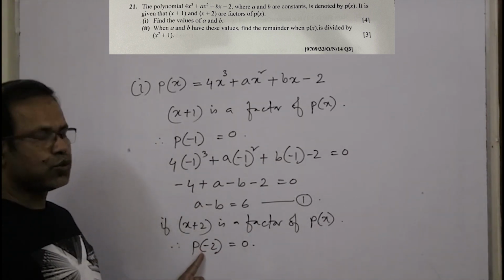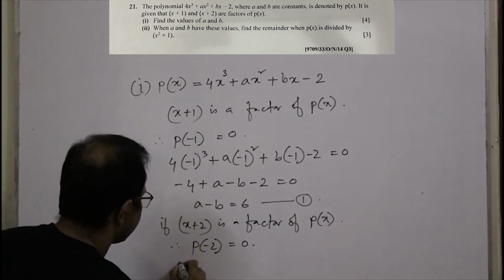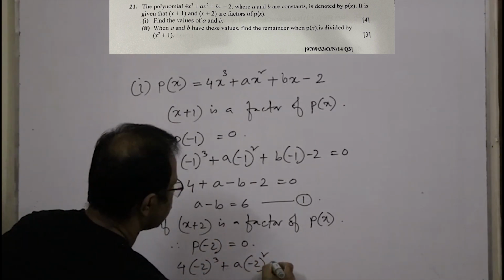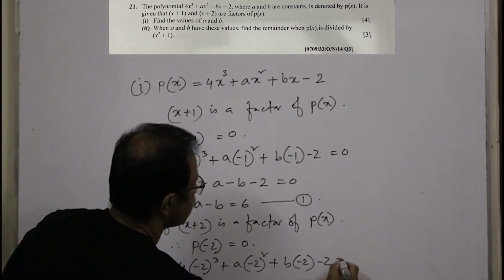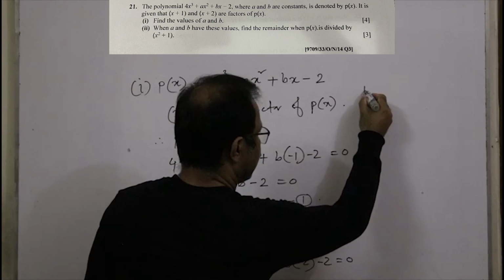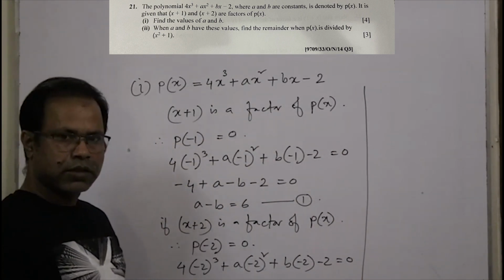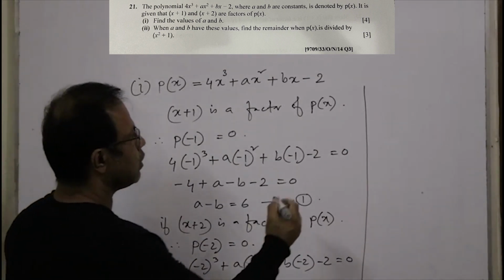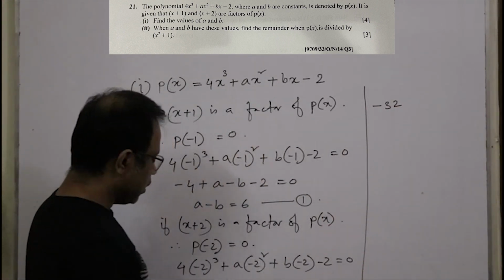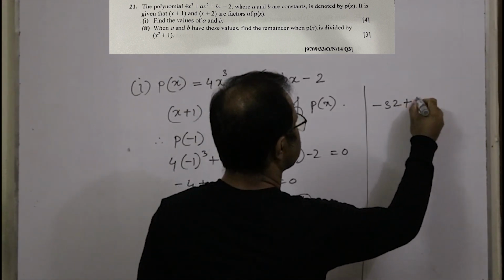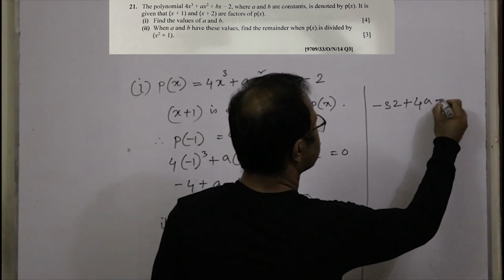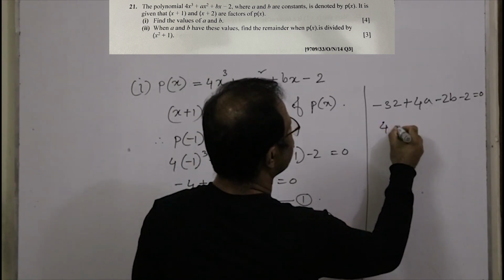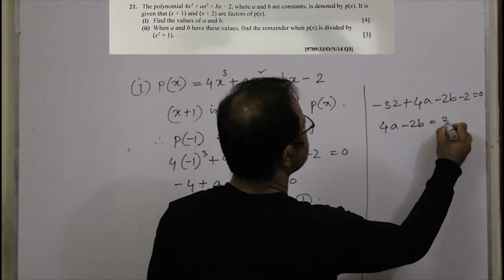If I substitute minus 2 in place of x, it becomes 4 times minus 2 whole cube plus a times minus 2 whole square plus b times minus 2 minus 2 equals 0. Simplifying, minus 2 cube is minus 8, 4 times minus 8 is minus 32, so minus 32 plus 4a minus 2b minus 2 equals 0. So it will be 4a minus 2b equals 34.